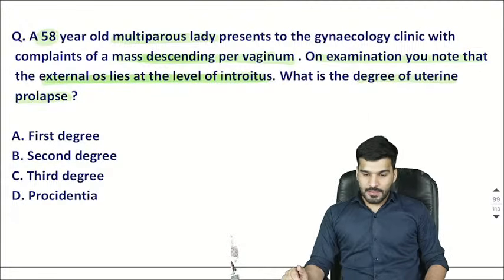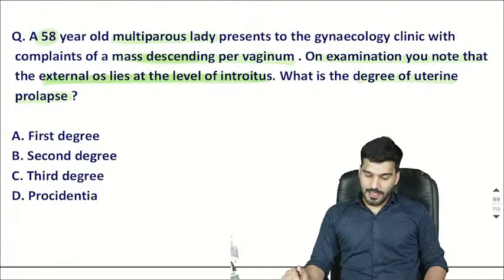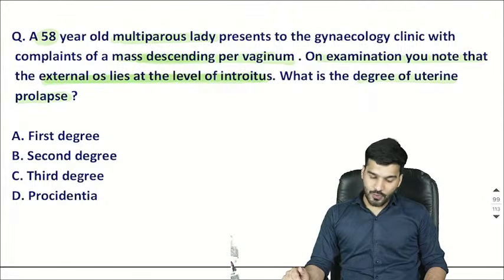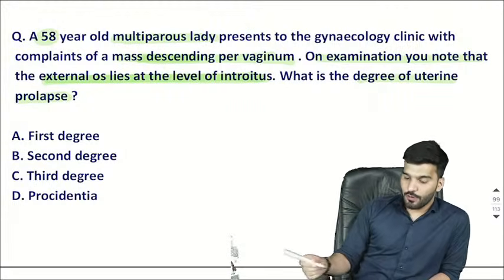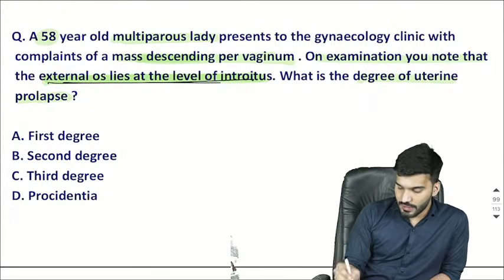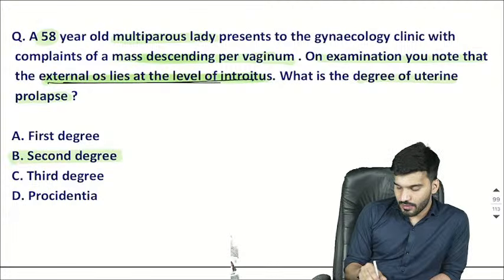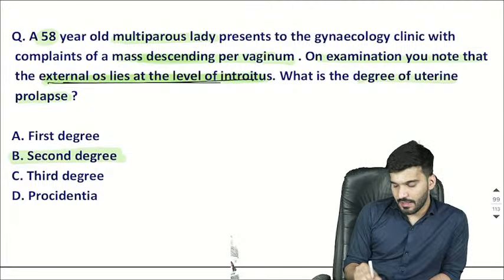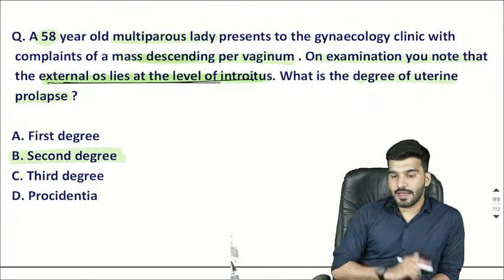So what will be the degree of uterine prolapse when the external os lies at the level of the introitus? It is going to be second degree.